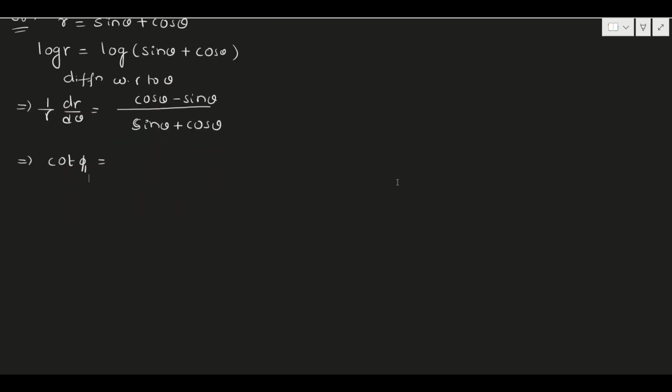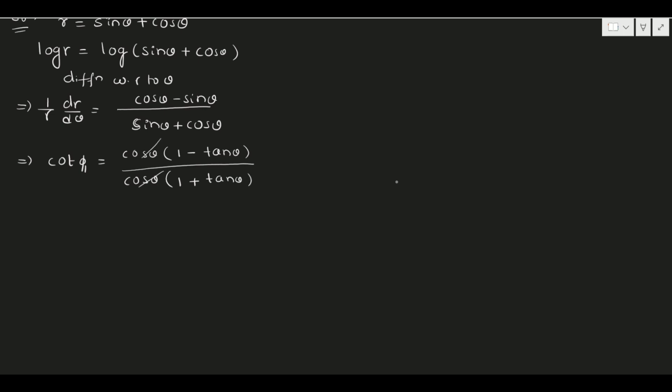Now, to rearrange it, we can take cos outside. So we get 1 minus sin by cos, and sin by cos is tan theta, divided by, again in the denominator, taking cos theta outside, 1 plus sin by cos, which is again tan theta.